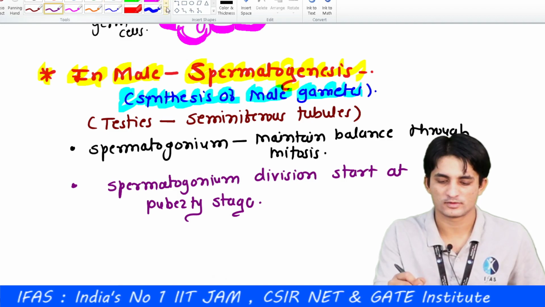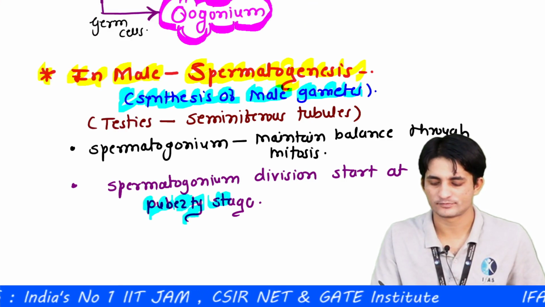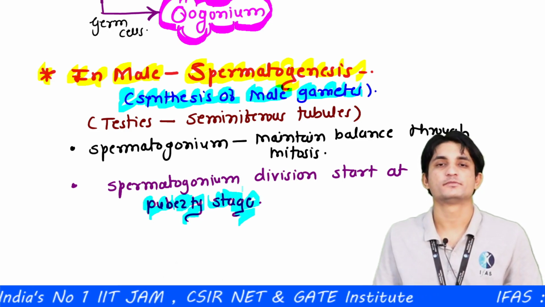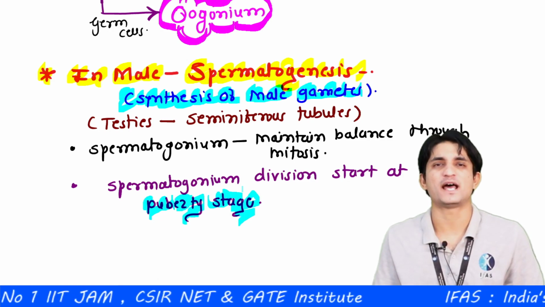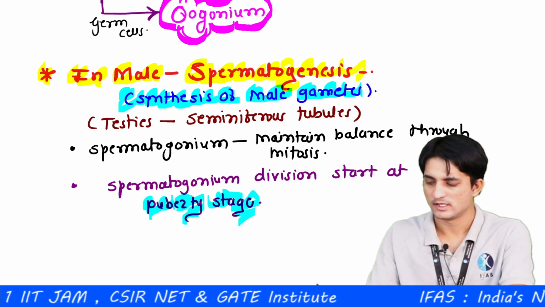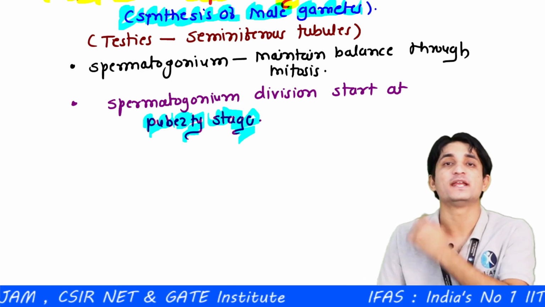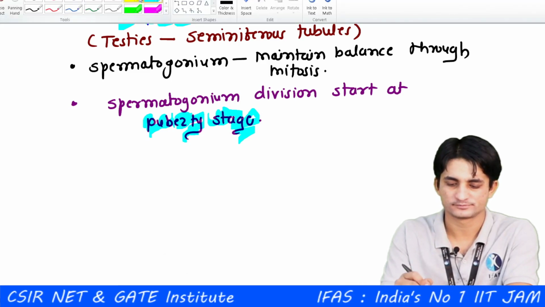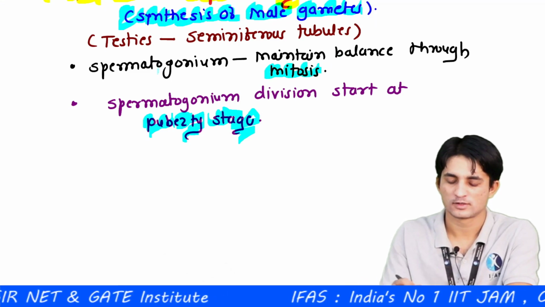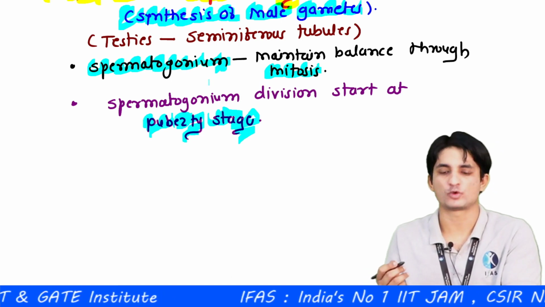Now in the puberty stage, how is the division of spermatogonium started? That is by the production of the hormone testosterone, but there is activation of spermatogenesis by the anterior pituitary gland, and therefore division starts.